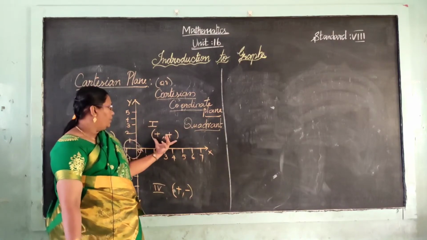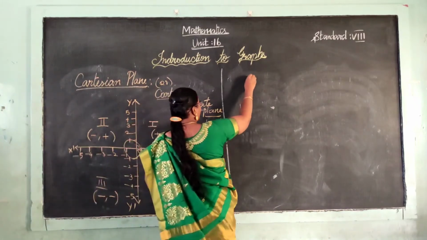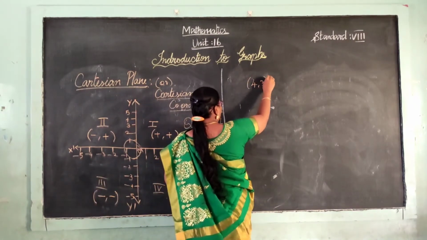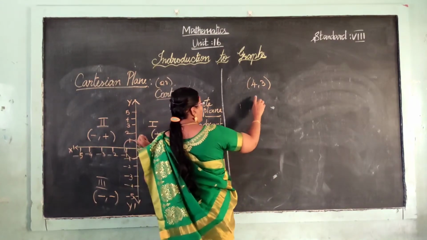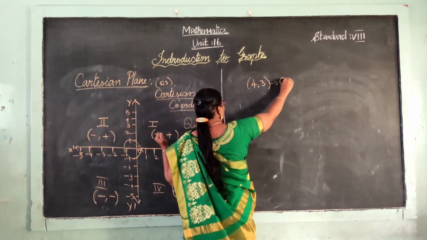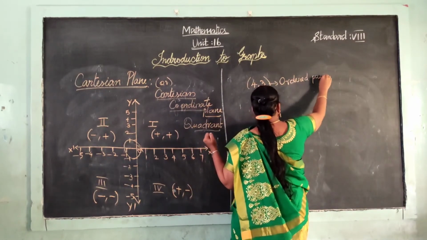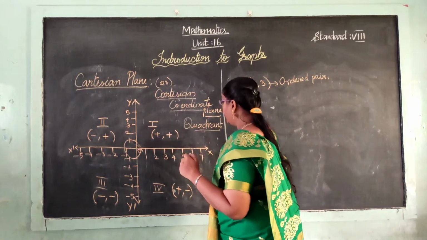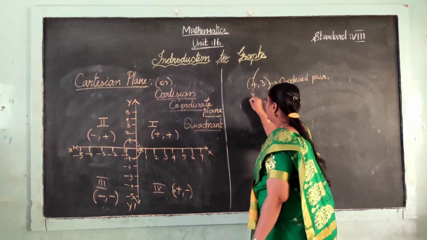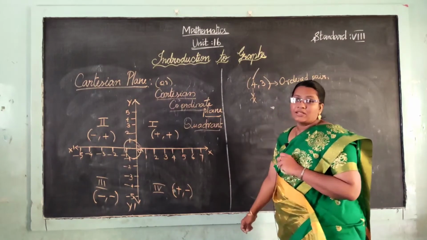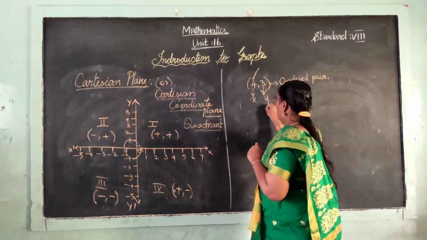This type of numbers is called an ordered pair. For example, (4, 3) is one point, called an ordered pair. The first number represents the x coordinate and the second number represents the y coordinate.